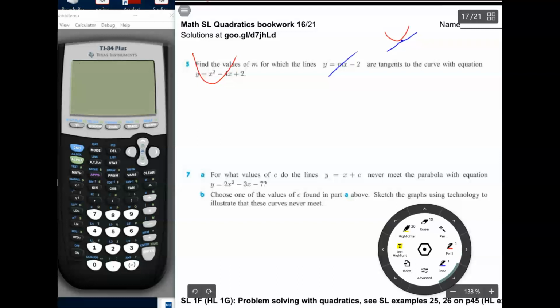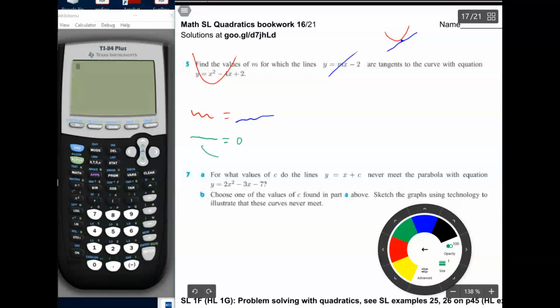Okay, exactly. So the way we do that is we set them equal to each other. So we'll have the red equation equals the blue equation, and then we're going to put everything on the left side. So then we'll end up with the purple equation or the green equation, the combination of the two equals 0.